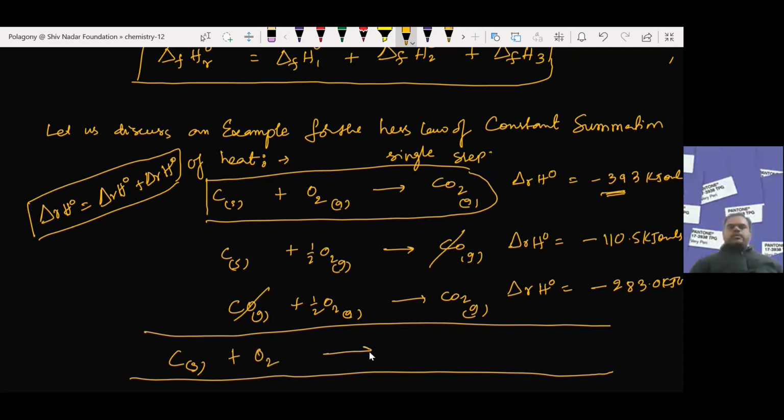The oxygen adds up to a single O2, and we get carbon dioxide gas. If you sum up these enthalpy changes, the standard enthalpy of the reaction is equal to minus 393 kilojoules.